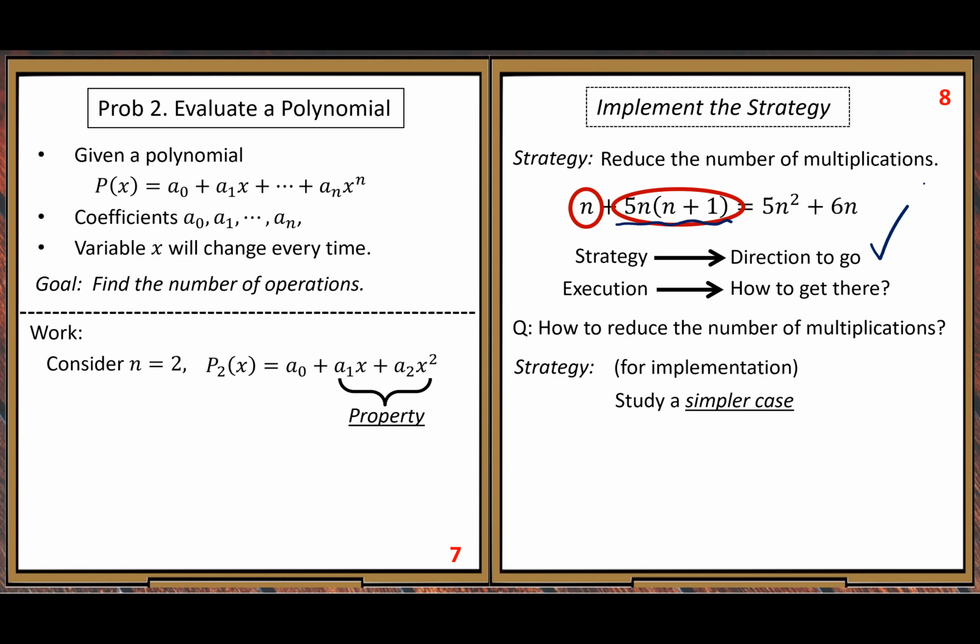To do a different calculation, we want to explore properties. What property can we take advantage of? Look at the last 2 terms. Can you observe some special property here?